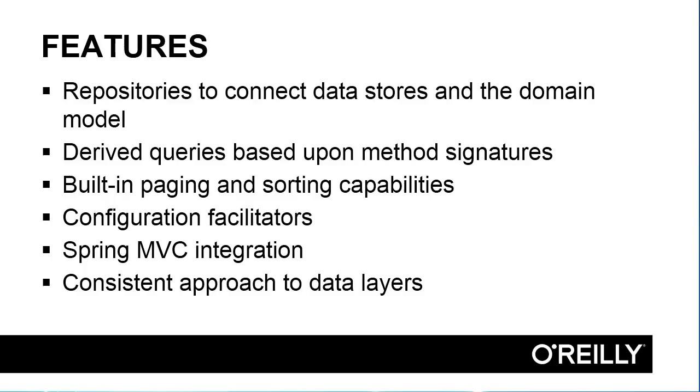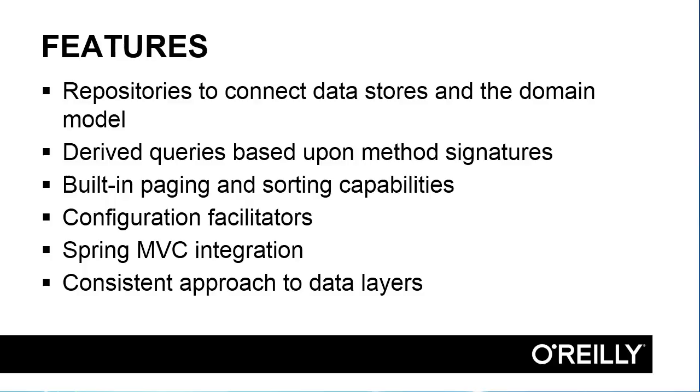We mentioned the repository interface, and repositories are used to connect our domain objects, our POJOs, our entities to our data store. So we have this object model or domain model, and the repository provides us with a familiar interface that we can use to persist data to a data store.